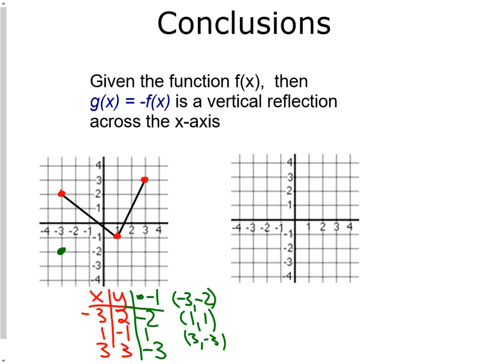So we can see, if we actually look at -3, +2, we can see now how that's a reflection over the x-axis. 1, 1. Again, we can see that reflection happening. And then 3, -3. And now if I connect, if this is g of x, this is negative f of x.